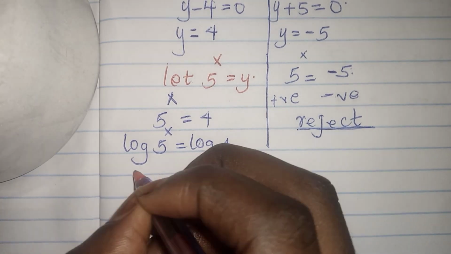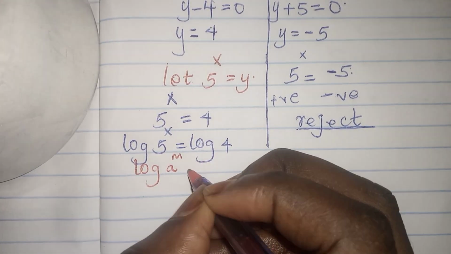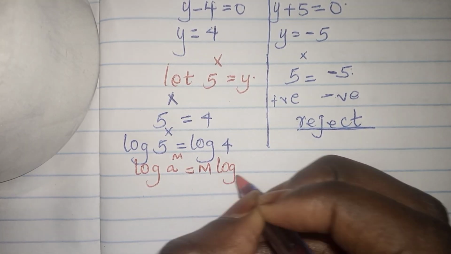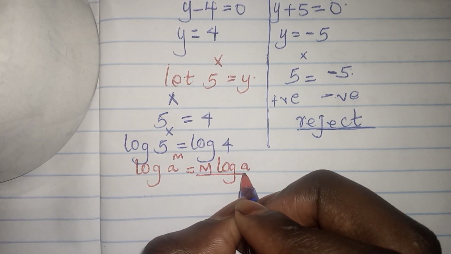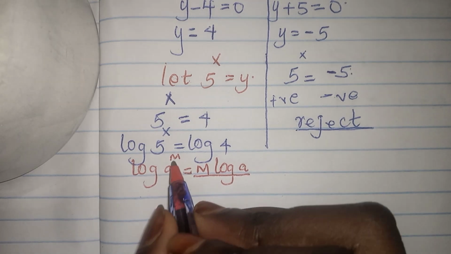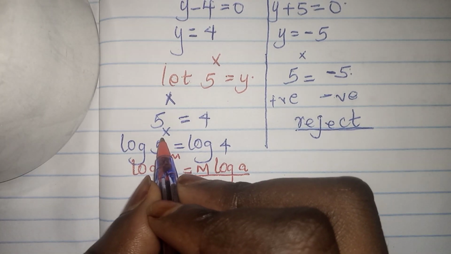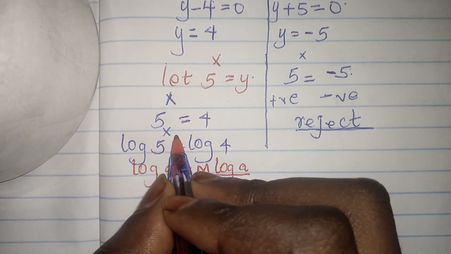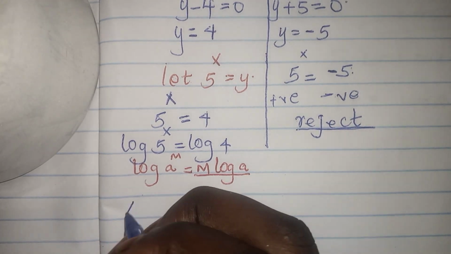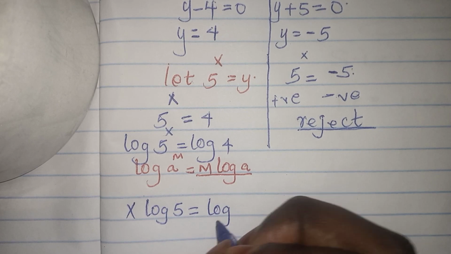If we have log a to the power of m, I am bringing m before the log, so it is m log a. So this power here comes before the log. I'm going to do that for this case here, bringing x before the log. So this will be x log 5 is equal to log this 4 here.